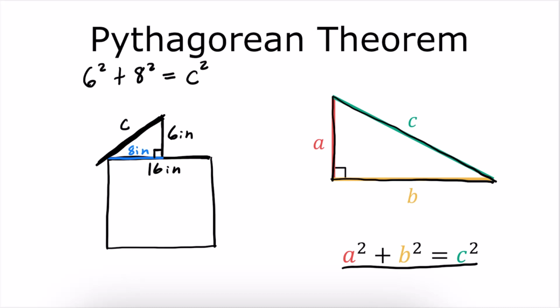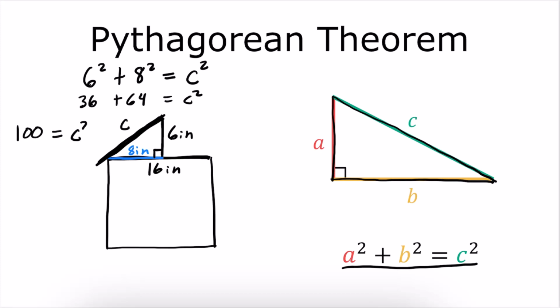Then I'm going to use this information to help me figure out what C is. 6 squared is 36, 8 squared is 64, and if I add those together, that should equal C squared. So 36 plus 64 is 100.